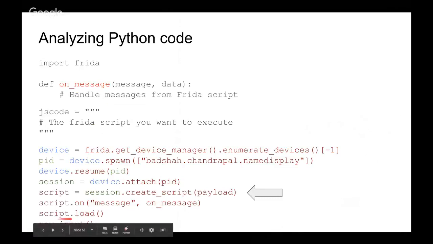Then you go with script.load, that is, load the script in Frida. Raw input might not seem important, but it is really important because if you don't put this, then the Python script is going to stop. What this means is that until the user explicitly provides any message or presses any key, you can stop the Python program.